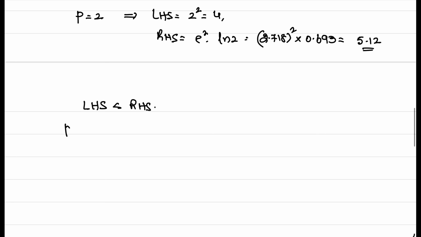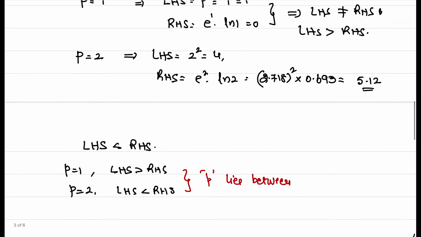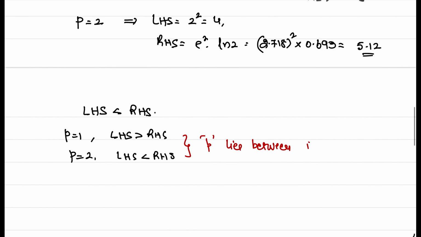Here, when P is equal to 1, left hand side is greater than right hand side, and when P is equal to 2, left hand side is less than right hand side. This implies P lies between 1 and 2.